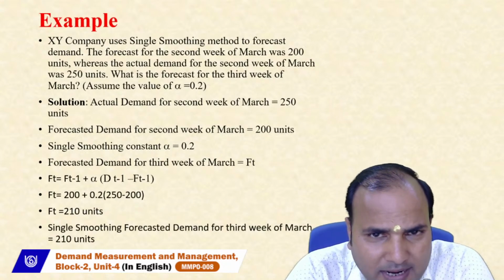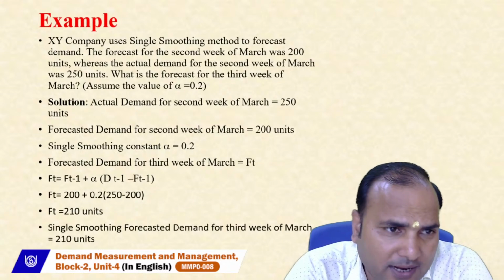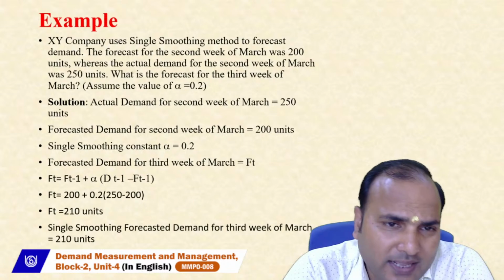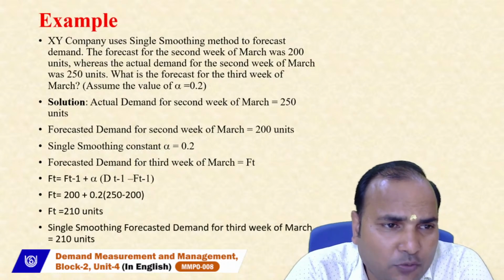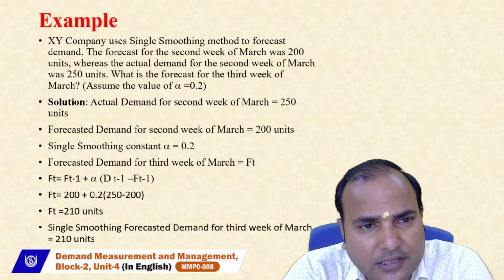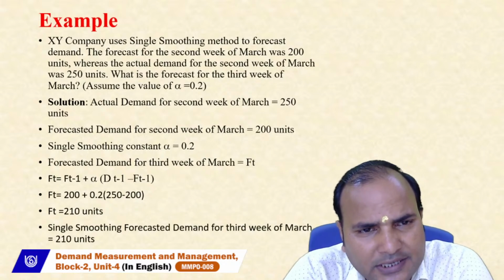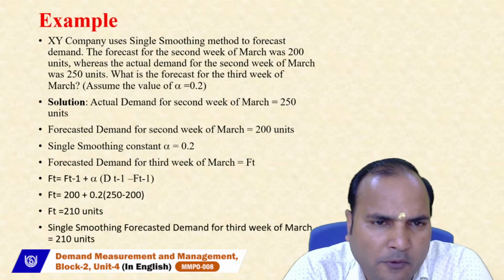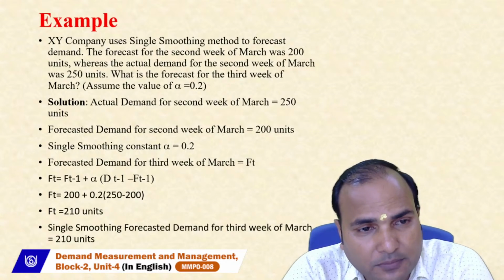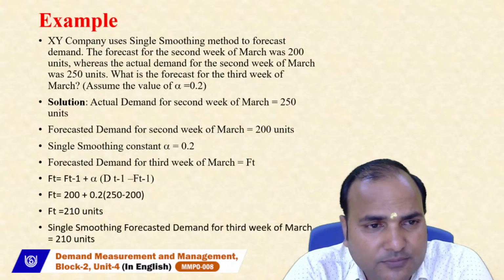See, forecast demand is 200 units, but actual demand is 250 units. So what is the forecast of the third week of March? Assume here the value of alpha is equal to 0.2. So now let us solve this.